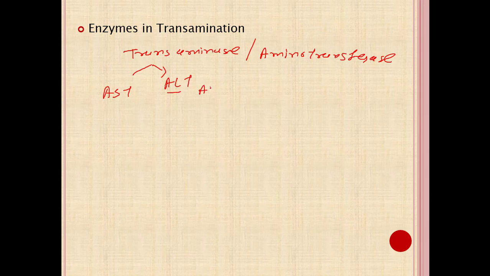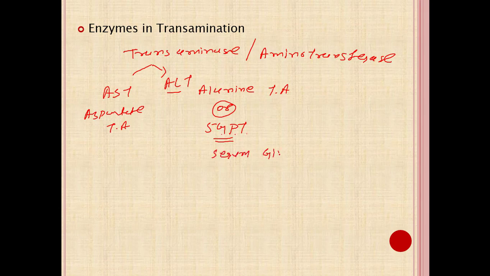Alanine transaminase and aspartate transaminase. ALT is also known as SGPT, serum glutamate pyruvate transaminase, or AST is also known as SGOT, serum glutamate oxaloacetate transaminase.